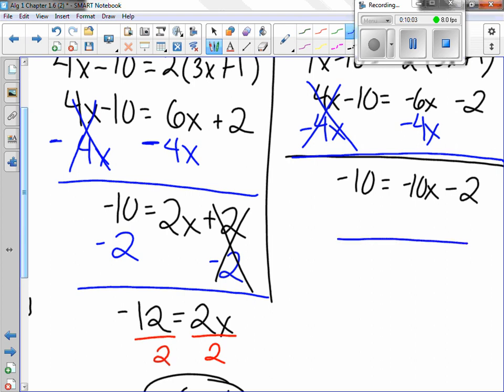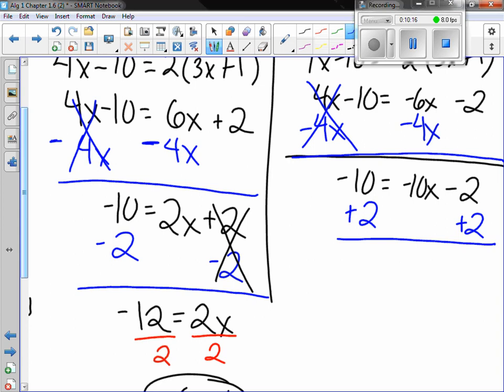Now we can keep with a similar step and we can add 2 this time, because originally on the first time we did it, it was positive 2, so we would subtract 2 from both sides. This time we're going to add 2 to both sides. So negative 10 plus 2 is negative 8 is equal to negative 10x.